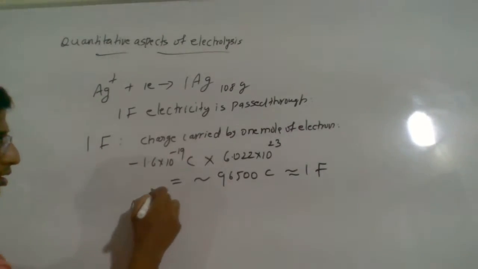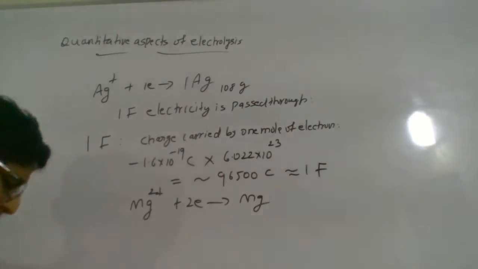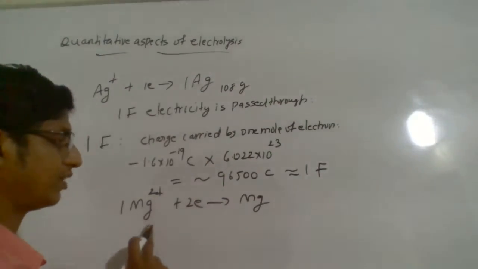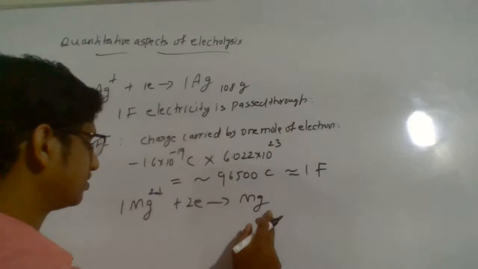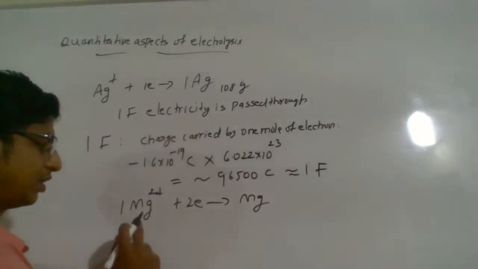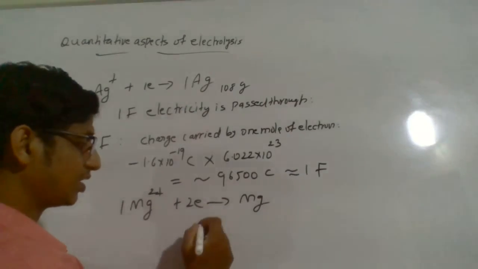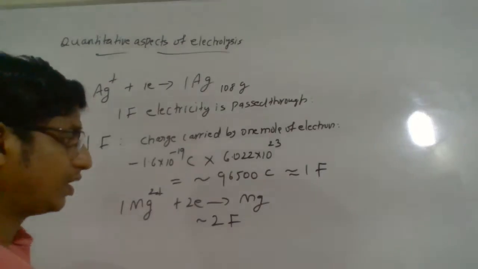For depositing 1 mole of magnesium by reduction of 1 mole of Mg2+ ion, 2 farad electricity is required.